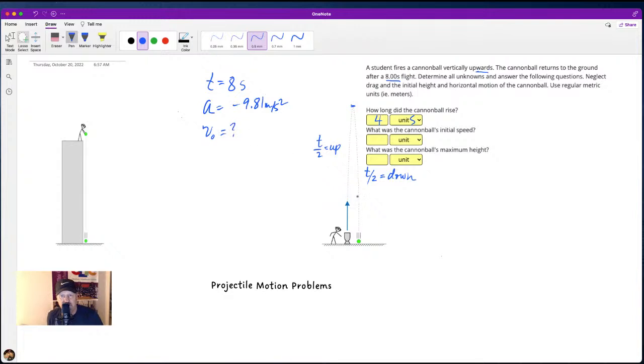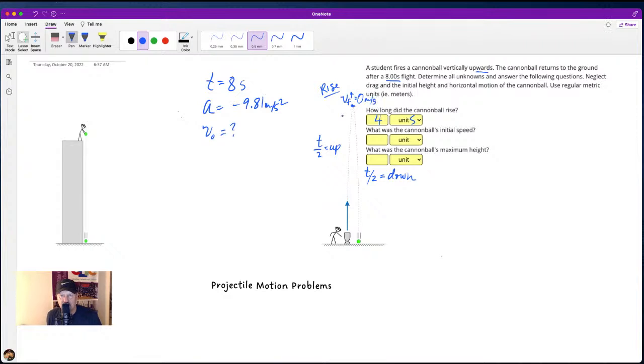What is V final on the rise, on the way up? For this half of the time, V final is 0 meters per second.